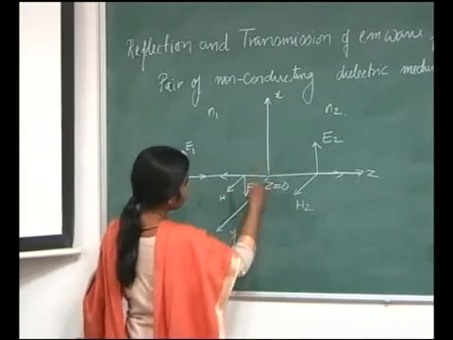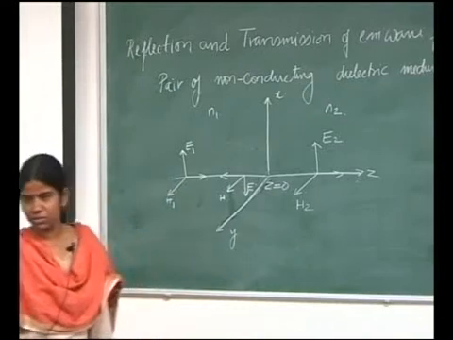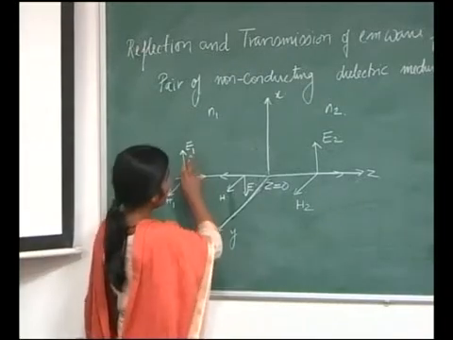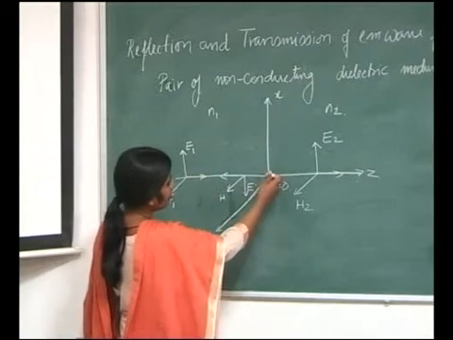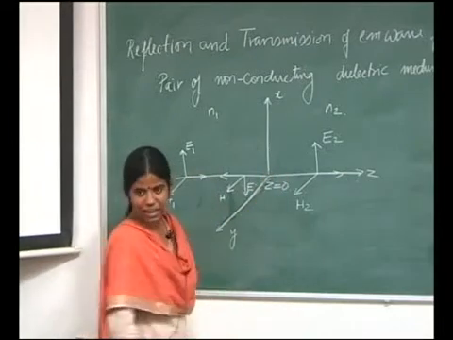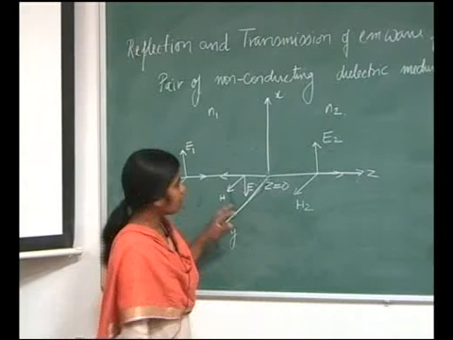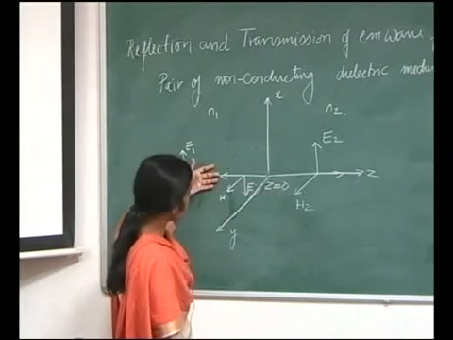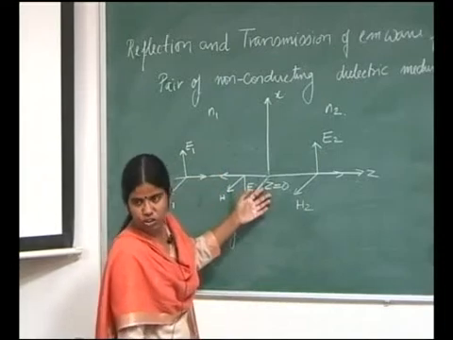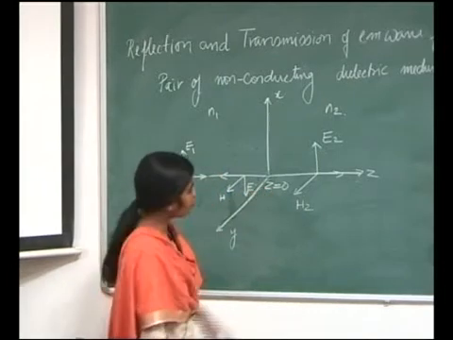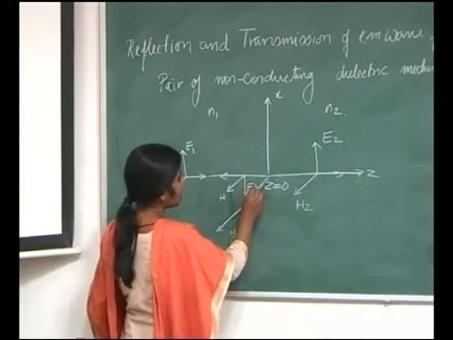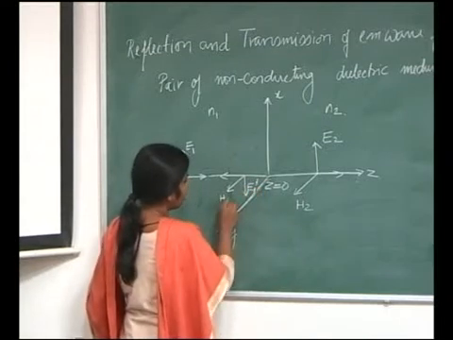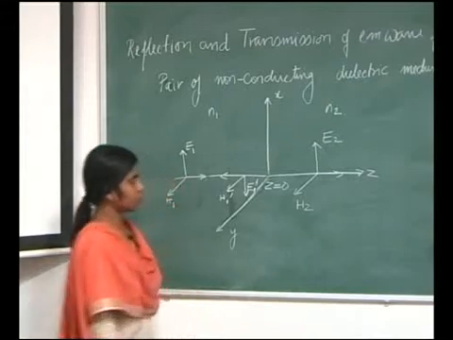If I assume that these are perfectly lossless media, then the velocity of the wavefront of the incident wave should be the same as the velocity of the reflected wave in the same medium. Only there will be some change in the amplitude, and I say that the reflected wave is E1 dash, H1 dash, okay.